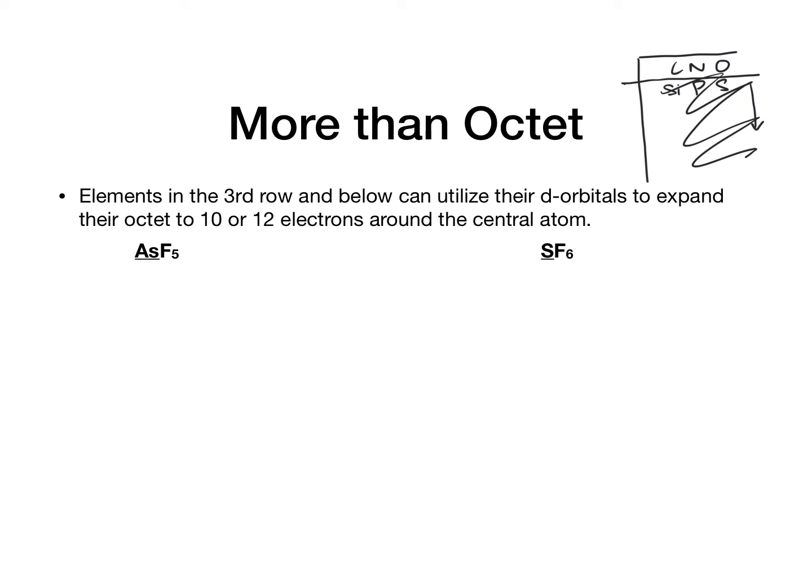So let's look at AsF5, or arsenic pentafluoride. The valence electrons are 5 plus 5 times 7, and that's 40. If we follow the rules where we put the arsenic in the center, and we connect these fluorines, before we even add any lone pairs, arsenic has 10 electrons around it.